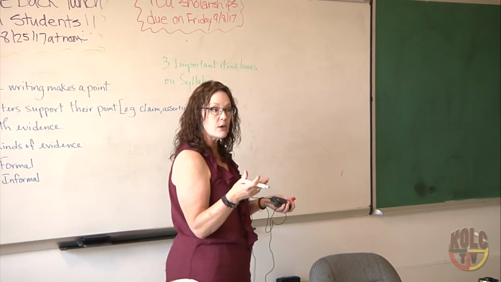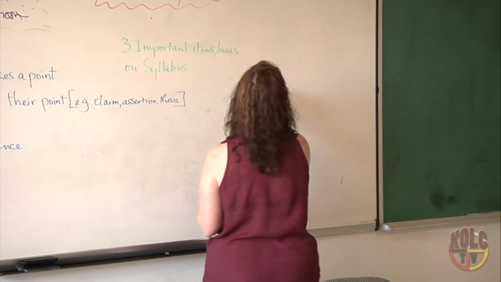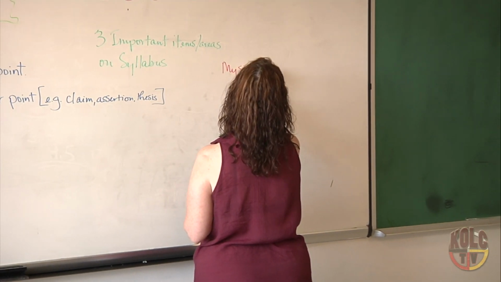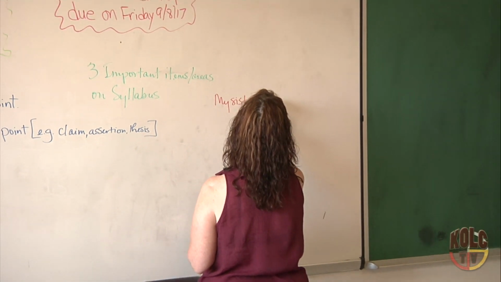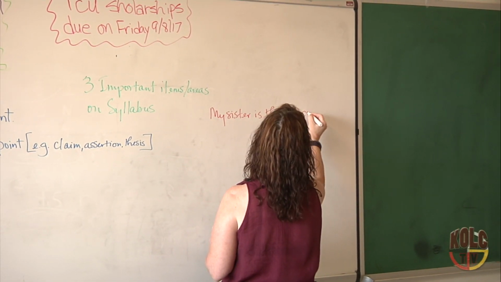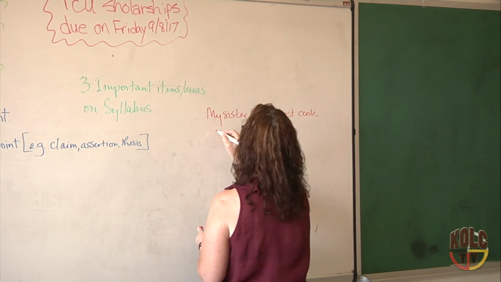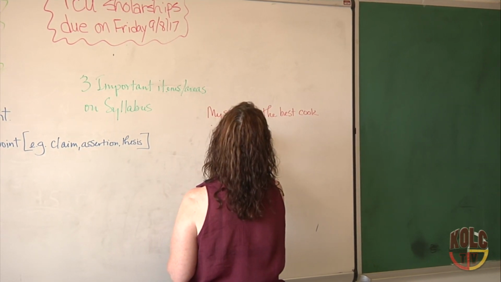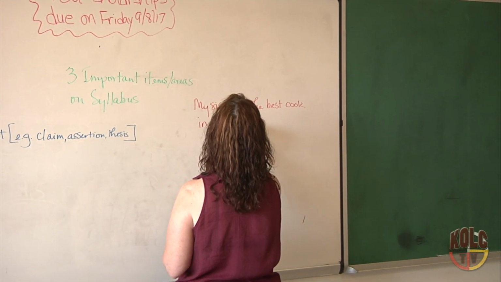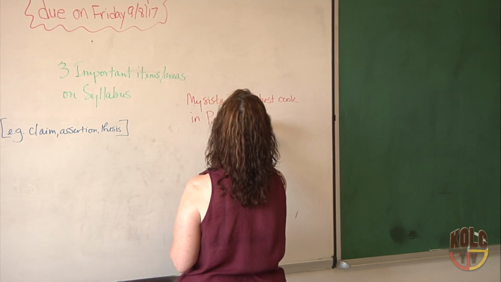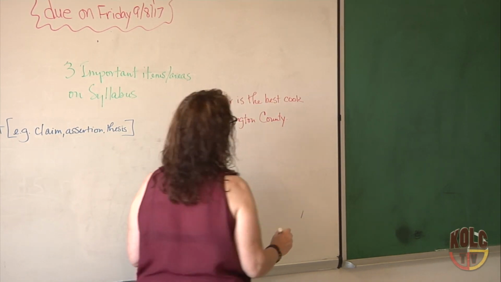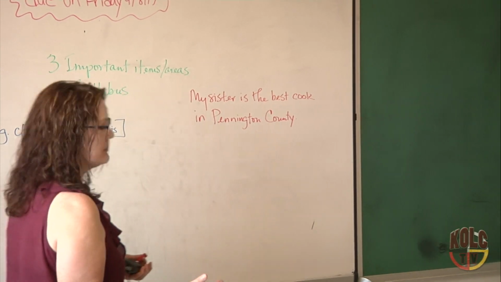If you're writing a narrative story, you may start out with an assertion or claim as, my sister is the best cook in Pennington County. Okay? That's my assertion or my claim.